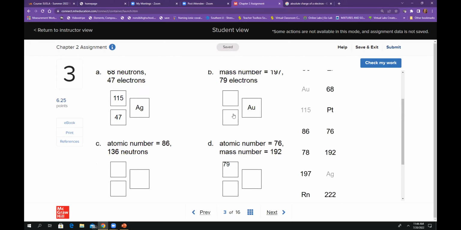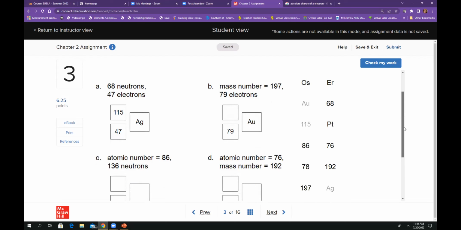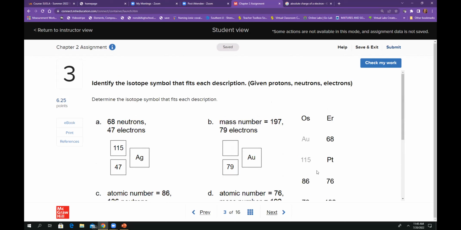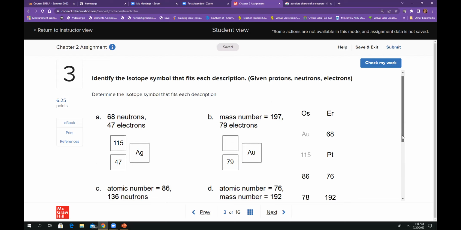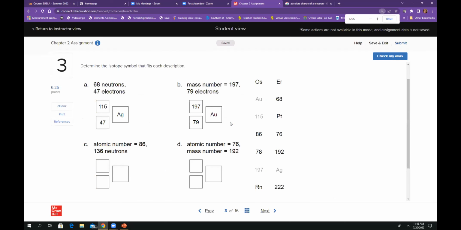And we have 197 mass number. So that's what goes on top. See, the mass number is what goes right here. I hate when that happens. That's because I have it so big that it's making it hard for me to see. There we go. Now I can look at the whole thing.